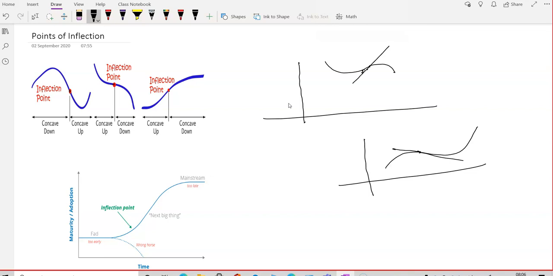So how to decide whether a curve has a point of inflection or not? We'll decide with d square y by dx square. First, if d square y by dx square is greater than 0 before the point, then it is concave up.